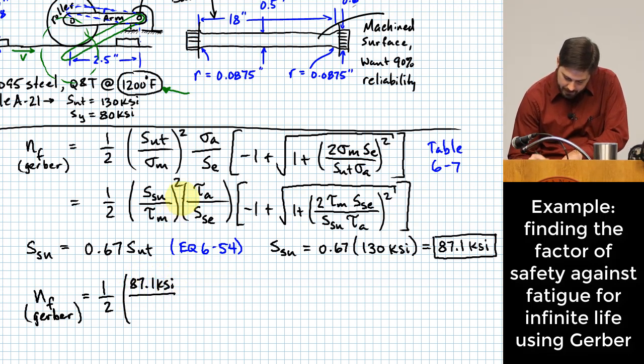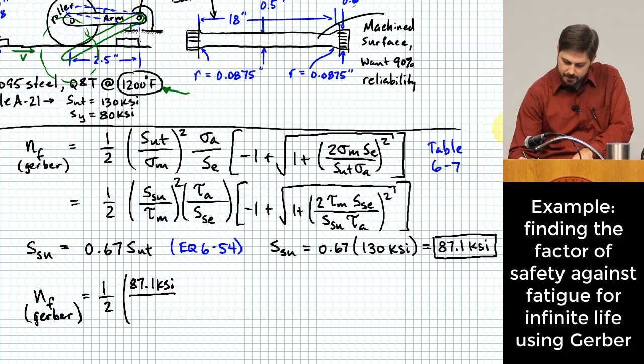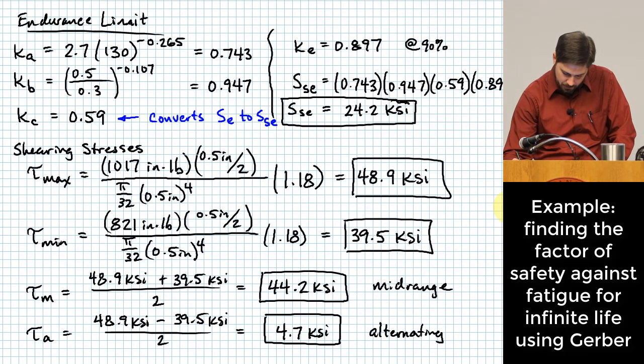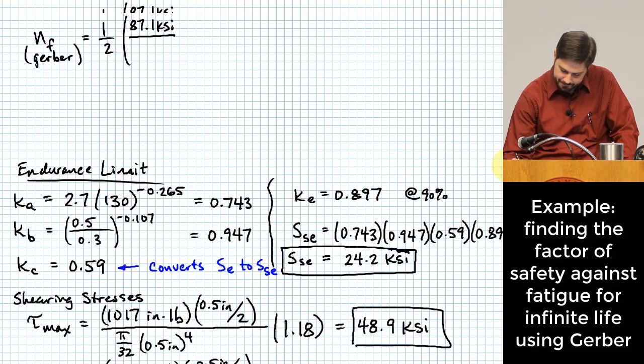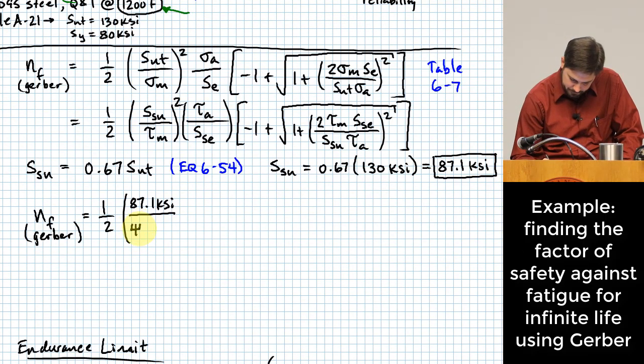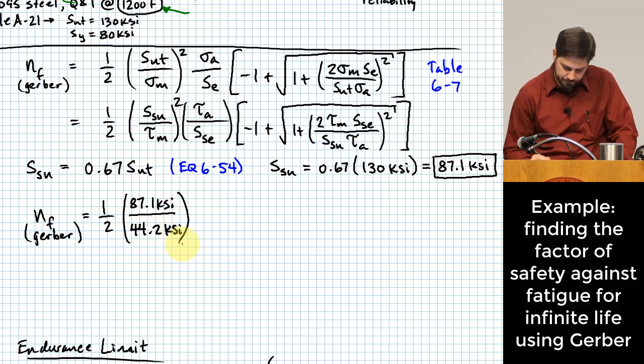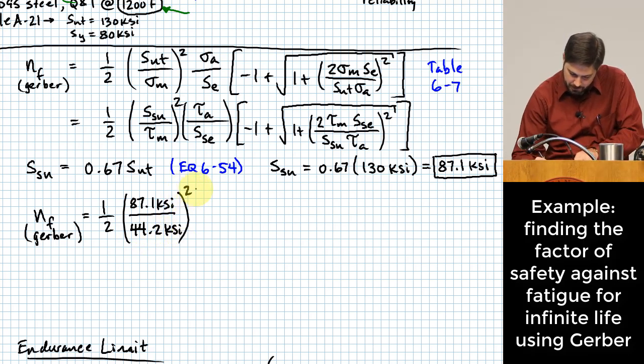We plug in tau sub M. Got to go way down here. Tau sub M was 44.2 KSI. All that's squared.